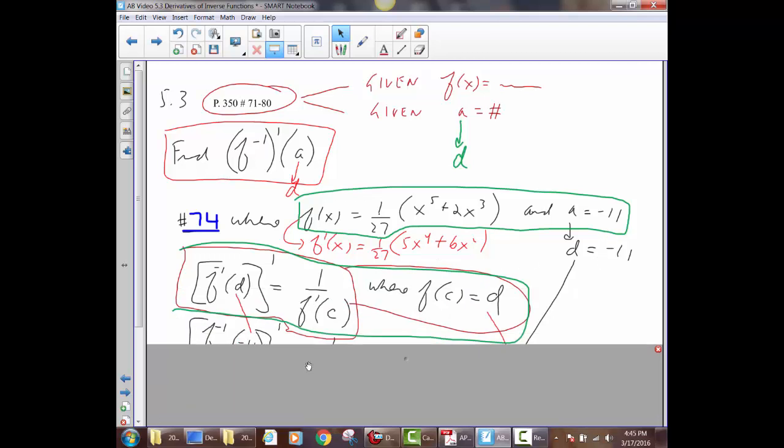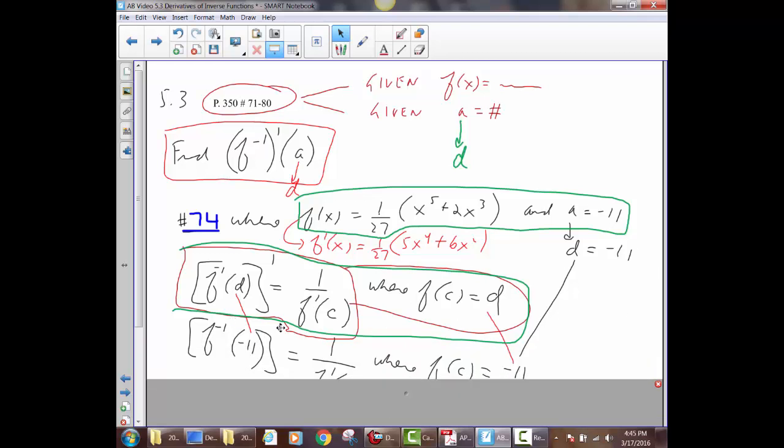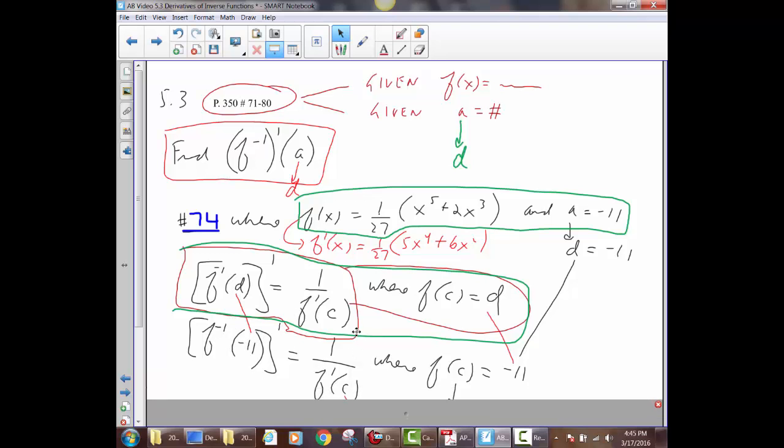So my formula is that the derivative of the inverse function of f at d is equal to 1 over f prime of c, where f of c is equal to d. So my d is negative 11, so I'm looking for the derivative of the inverse function of f at negative 11. Now that's supposed to equal, according to my formula, 1 over f prime of c, where f of c is equal to my d.